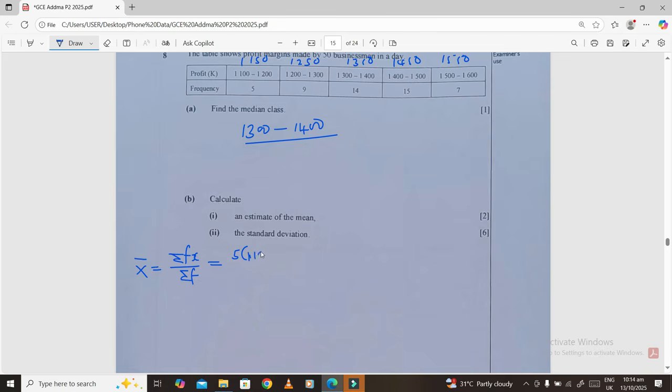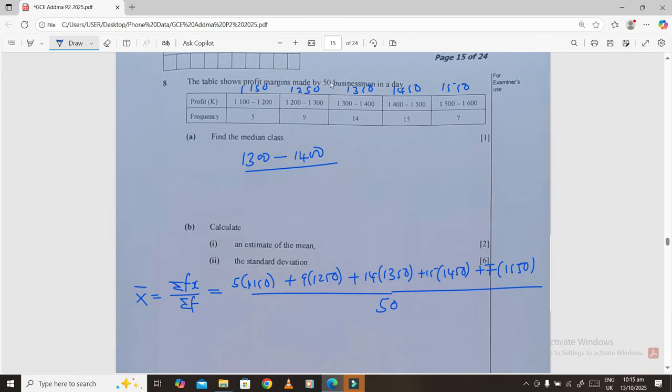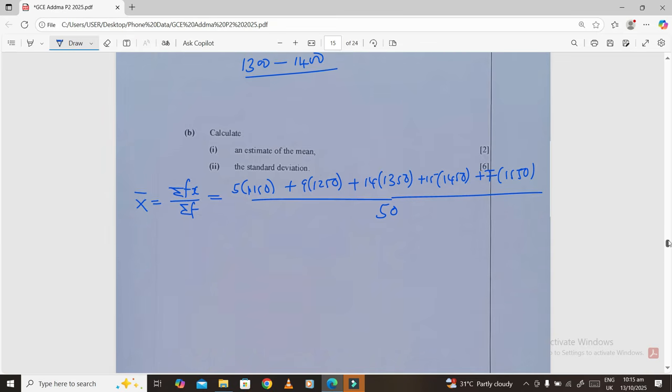So this is what we are getting here, and then there we're getting 14 times 1350, plus 15 times 1450, plus 7 times 1550. And then you say everything over the total. The total here is 50, so you add all these numbers. That's a total. So get your calculator.